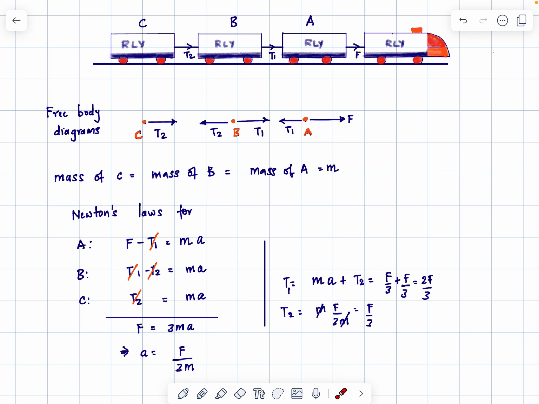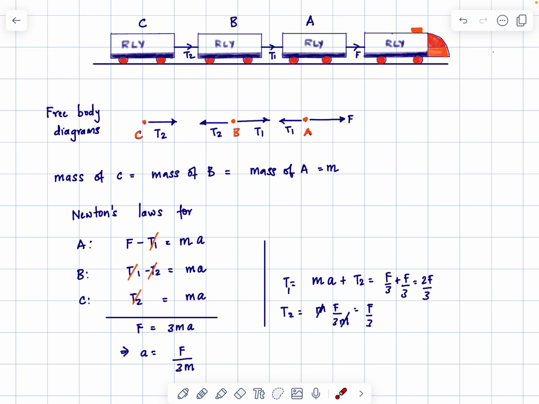So what we do here is we write Newton's laws for car A. We get F minus T1 is the net force, equal to mass times acceleration of A. Now the accelerations of all three cars are the same because they are well connected with each other and these strings are all taut.